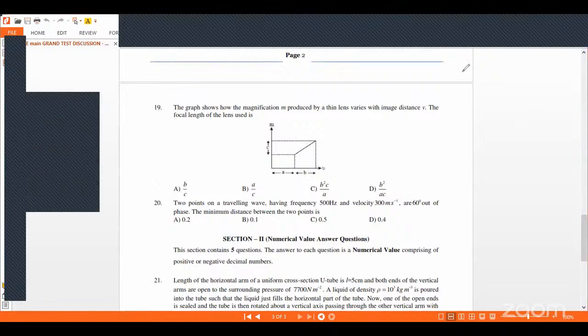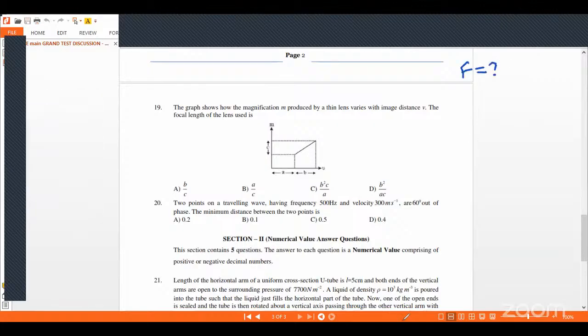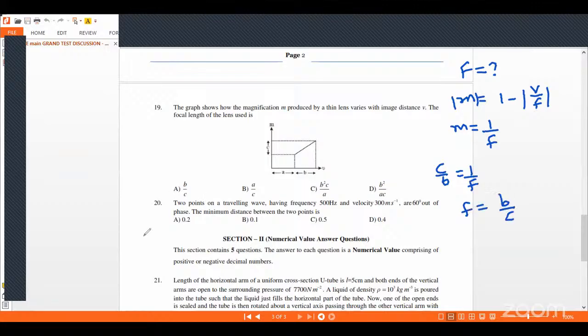We need to find the focal length used. In general, the magnification of a thin lens we can write as 1 minus modulus of V by F. From the graph, the slope will be 1 by F. So the slope, you can see here, is P by B equal to 1 by F. So F equals B by C. That is option A.